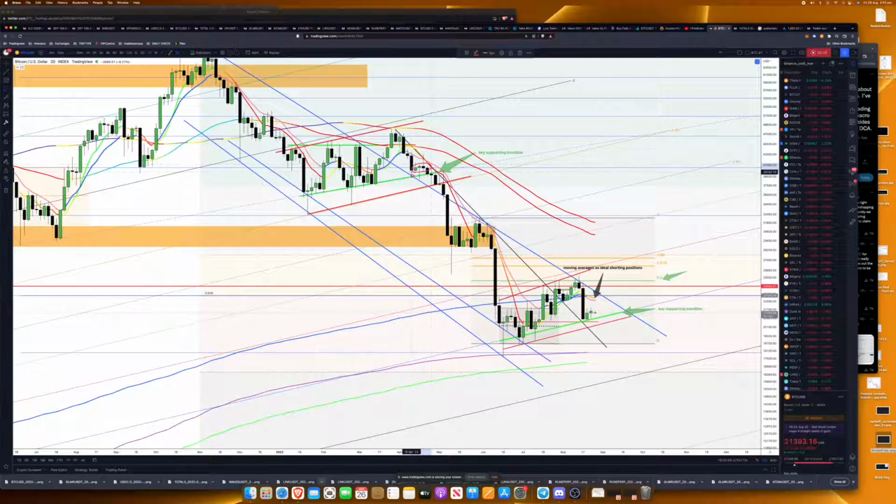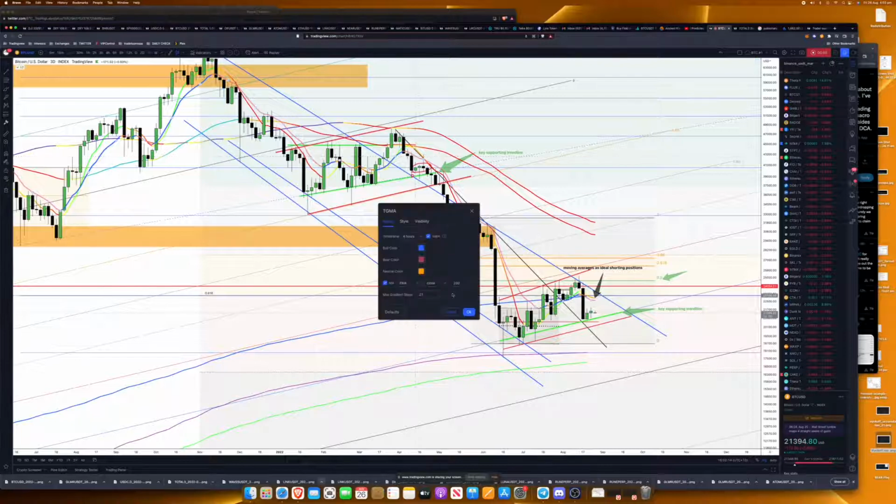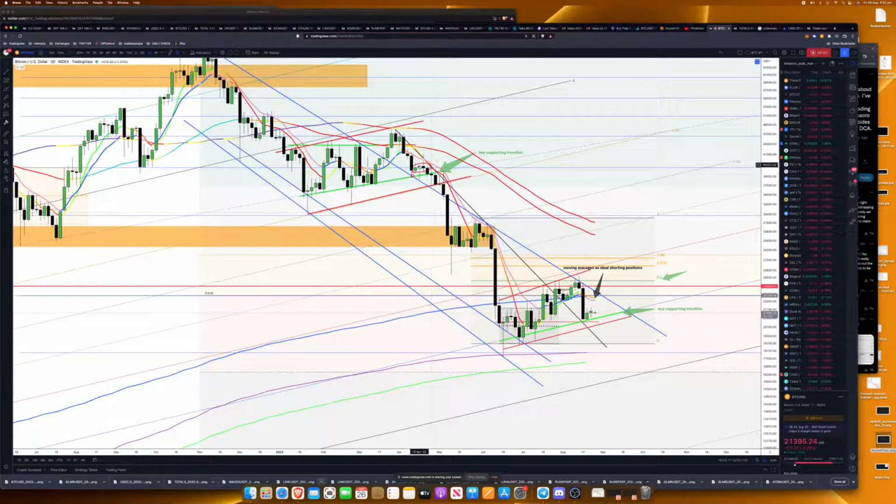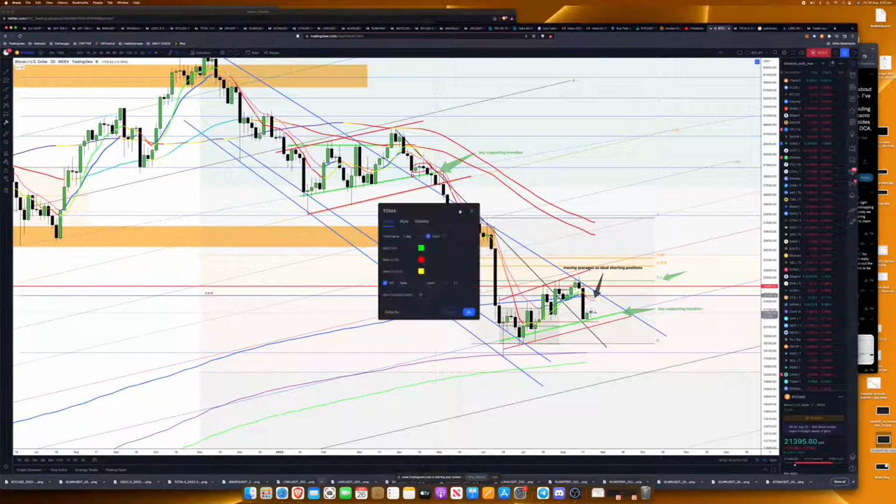once we lost that key level, you can see these moving averages. There's a 200 4-hour moving average, and the other one is the 21 on the daily.